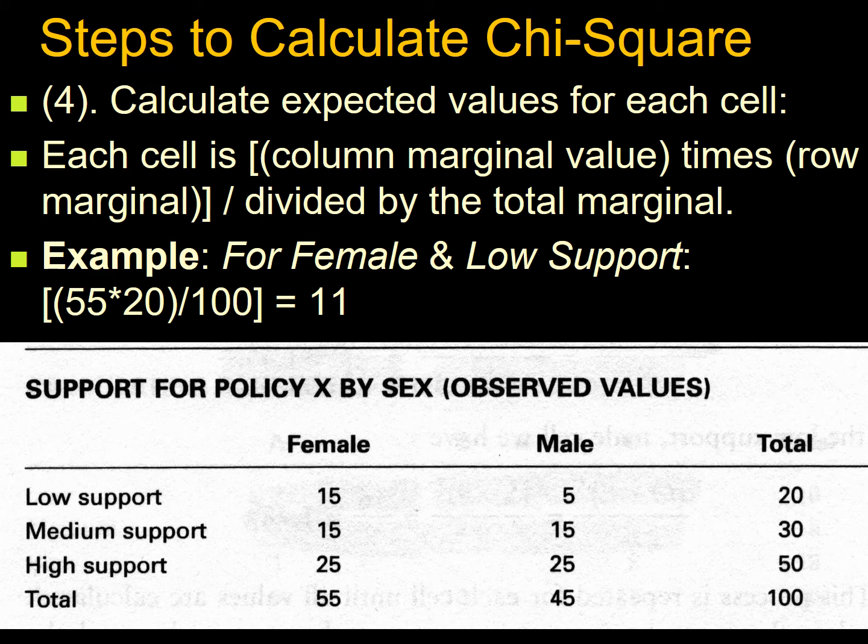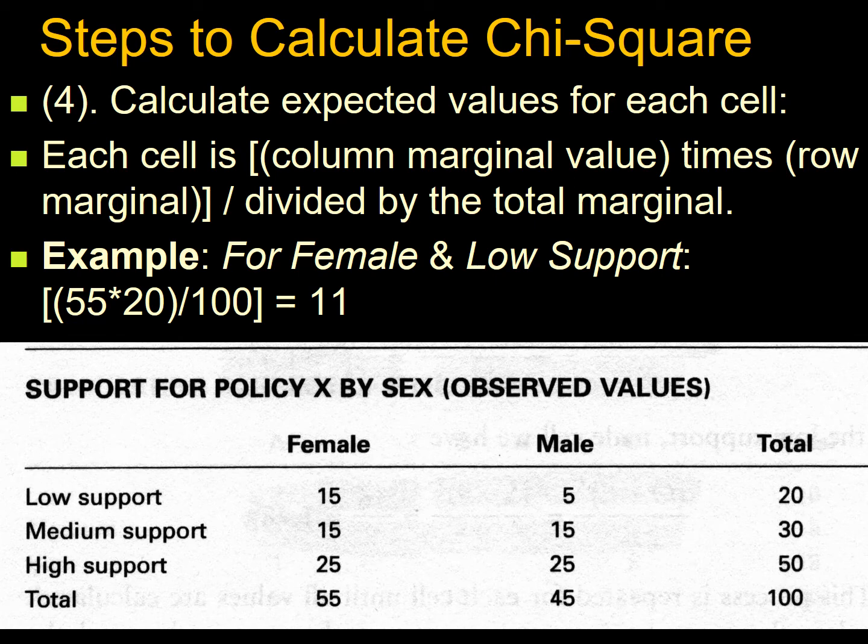So in step 4, we're going to calculate the expected values for each cell. For each cell, we're going to take the column marginal value. Let's take a look at the value at the bottom of female. The value there is 55. We're going to multiply it by the row marginal, which for female and low support is going to be 20.